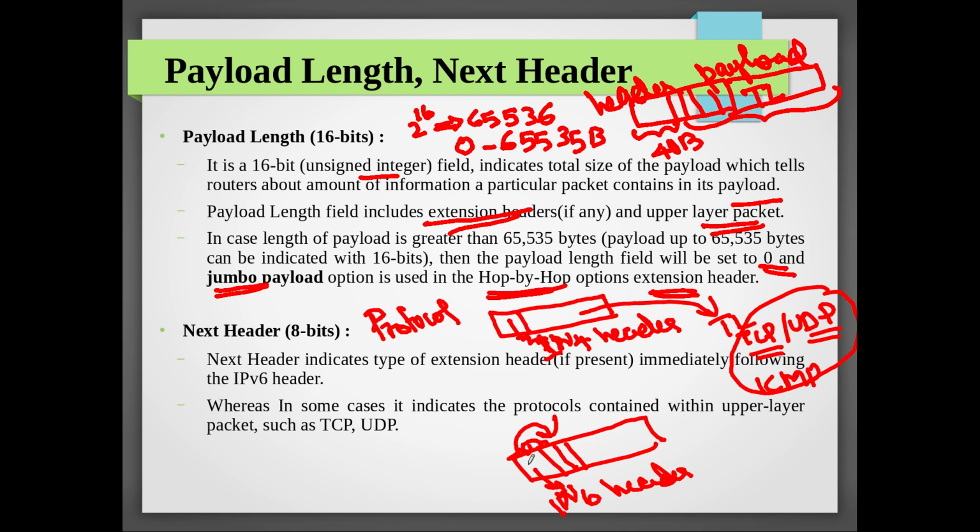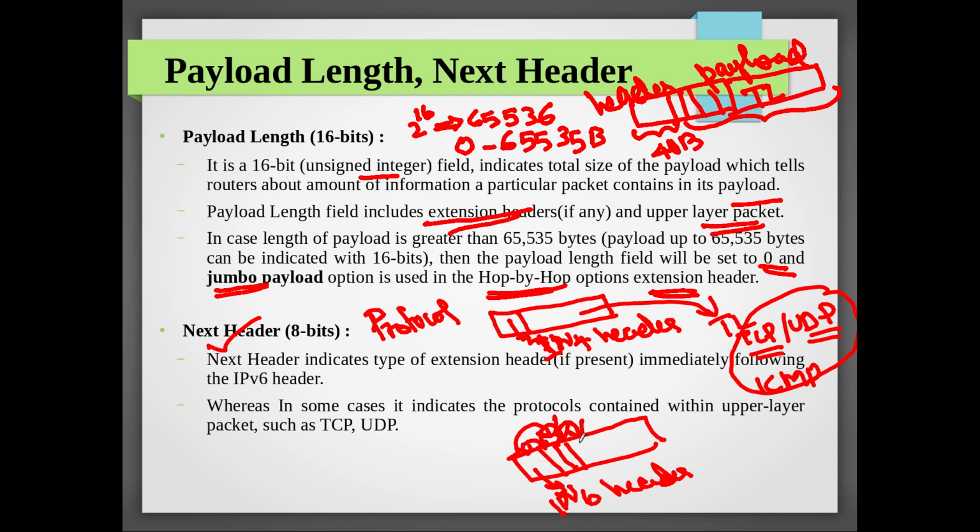So the next header field of the main header will contain the protocol number of the extension header immediately following. This extension header also has a next header field, which will contain the protocol number of the extension header following it further.